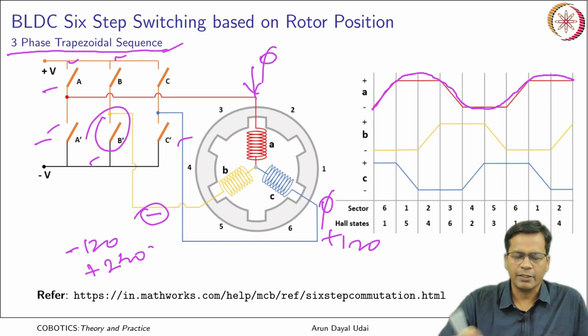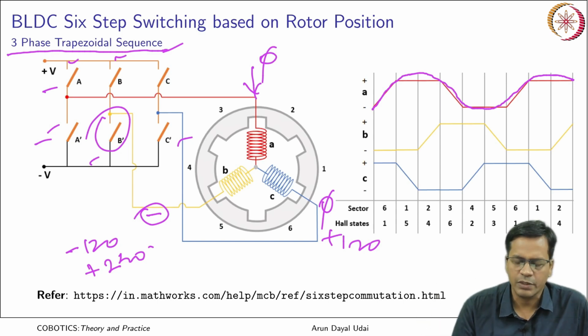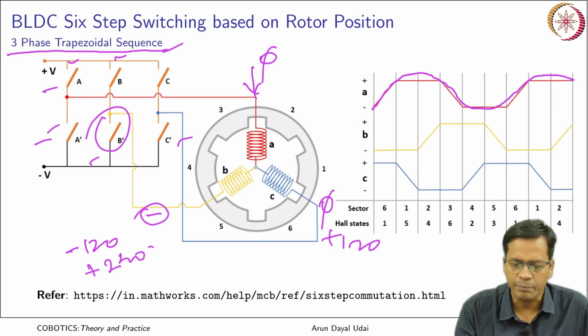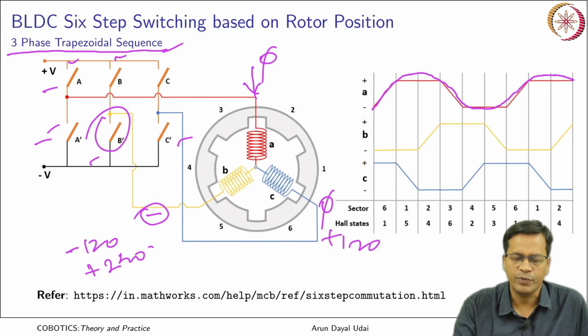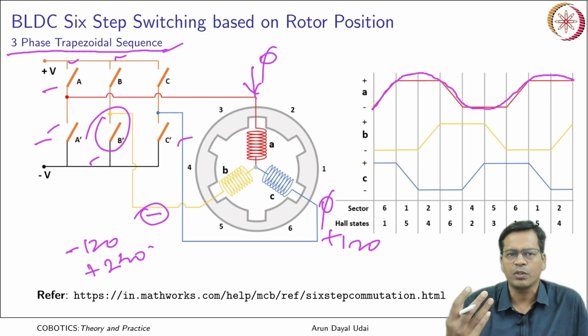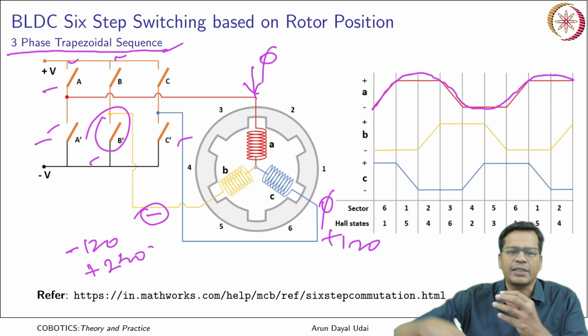Okay, and that ultimately leads to the rotor that follows the rotating magnetic field and ultimately it rotates. Got it? And this switching of the coil is done based on the Hall effect feedback, because if your rotor is stuck somewhere due to the load, you should not rotate the pole or else it will miss the cycle.